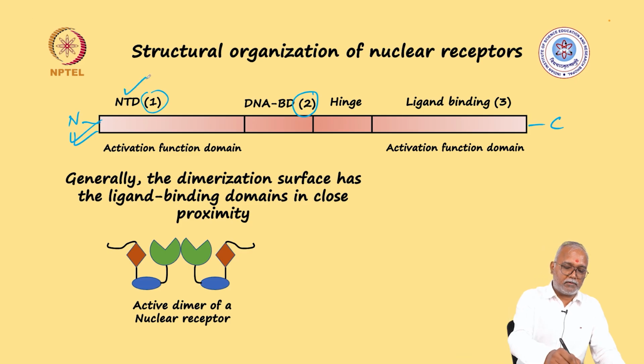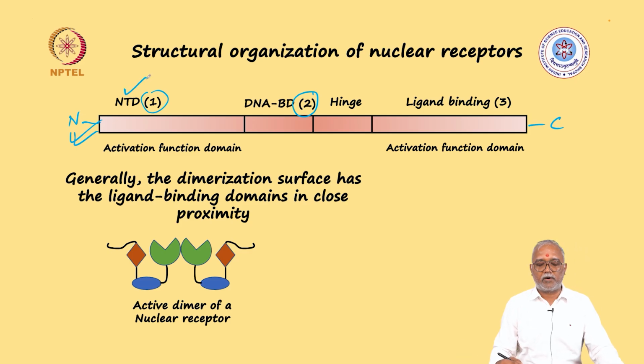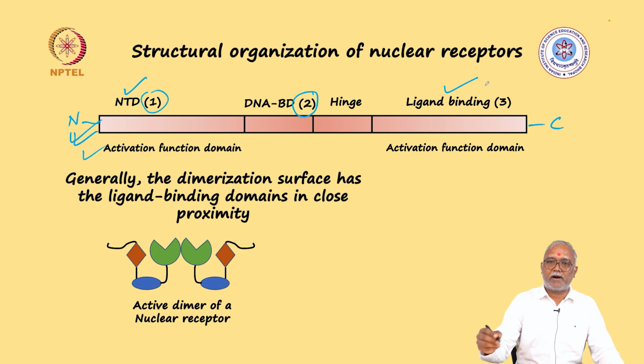The N-terminal domain, which is important for many activities, and the ligand binding C-terminal domain are referred to as activation function domains. And the C-terminal domain is used for dimerization. Very much like other receptors, even nuclear receptors work by forming dimers. And this ligand binding domain is critical for that.